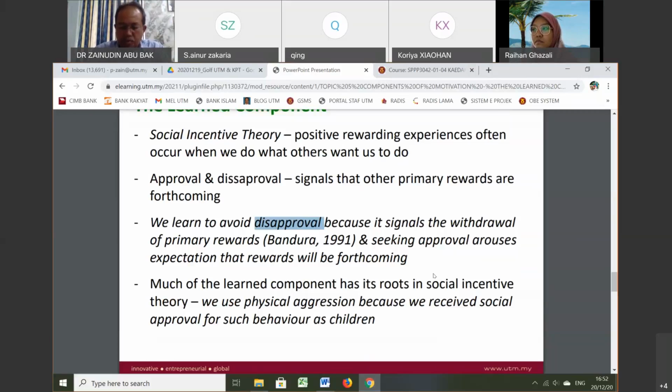So if we ignore them, it can sometimes be considered as disapproval. We don't want them to behave the way they behave. So again, how we use those principles is very, very important. That's why I stress that many times.